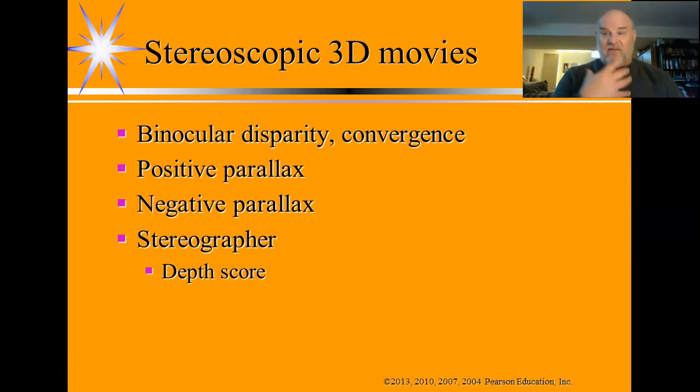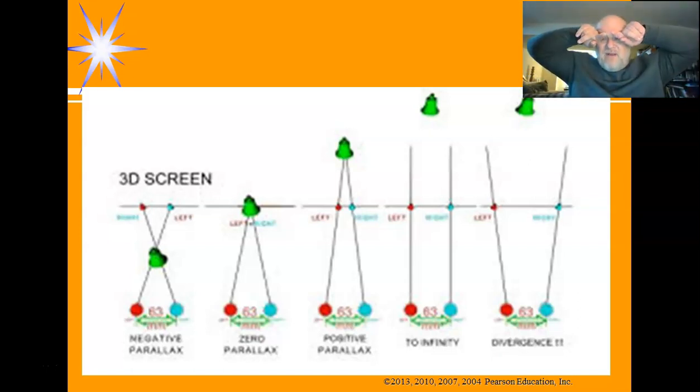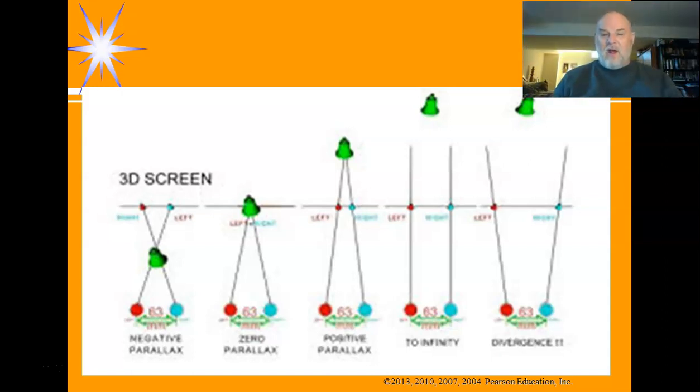Should the viewer perceive this object as being close up, this object as being in the middle ground, this object as being in the background? Should an object be moving gradually towards us? And the stereographer will basically place cues in the print of the film, which, when combined with the 3D glasses that we put on, actually trick our eyes into moving together or apart, not in the ways that they would normally move together or apart.